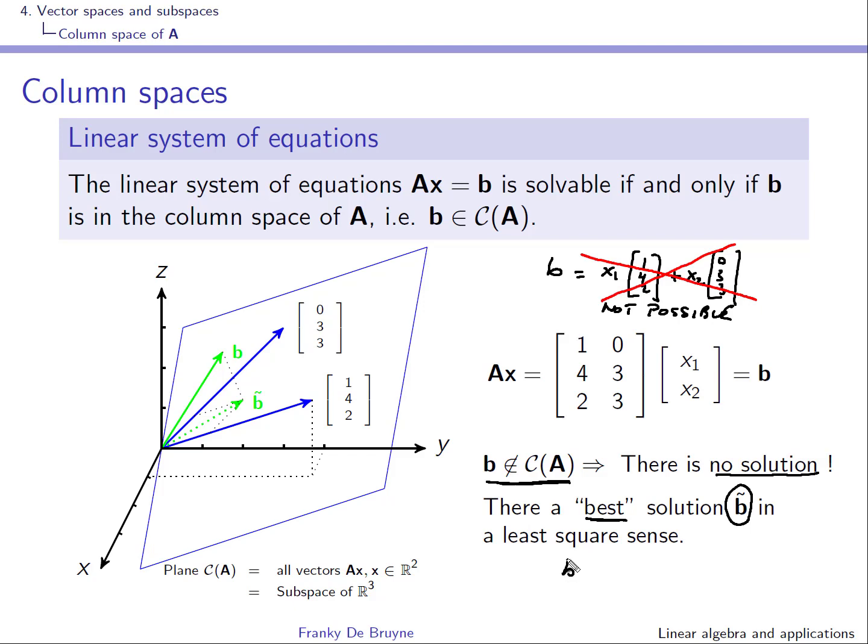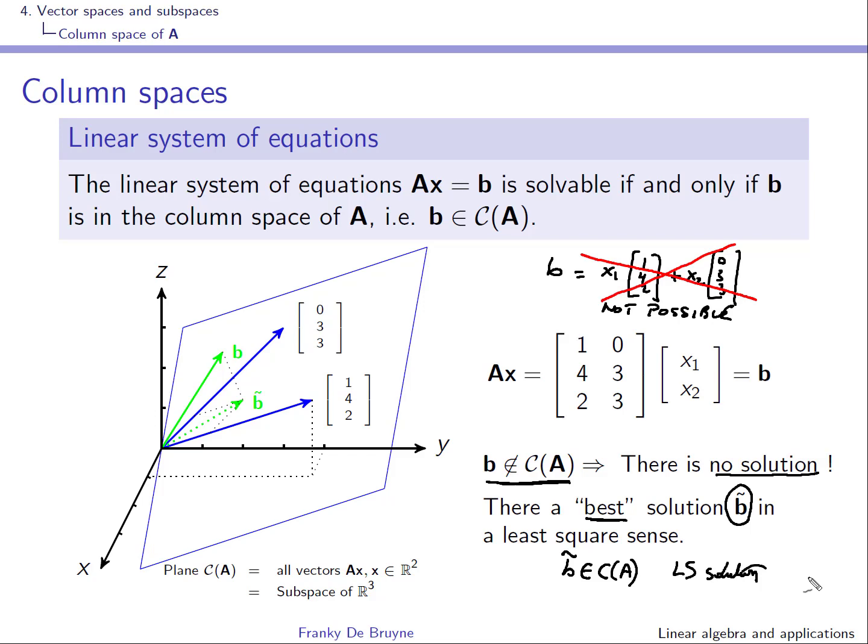Of course, b tilde will be in the column space. It's projected in the column space, and there will be what is called a least square solution. So LS means least square solution. Okay, and this is what we'll see further on in the course.